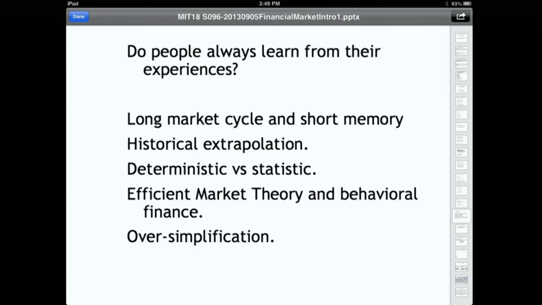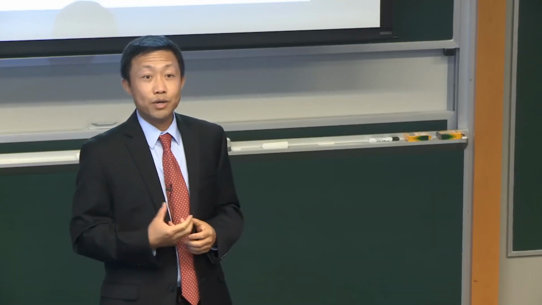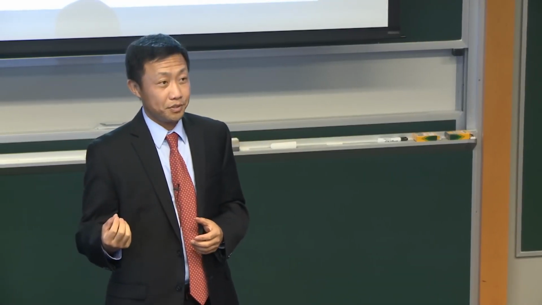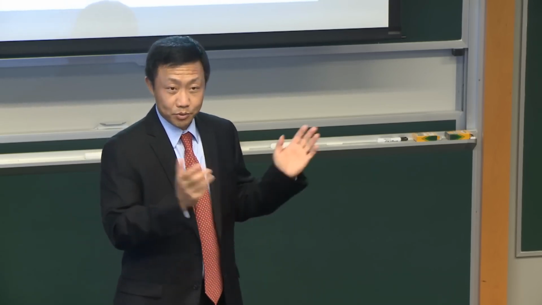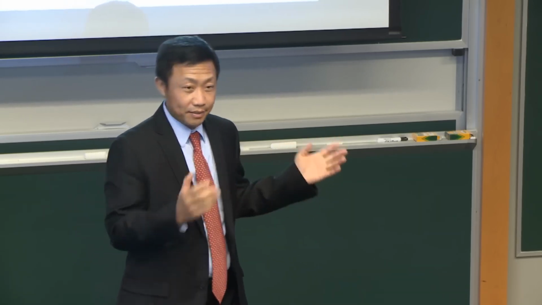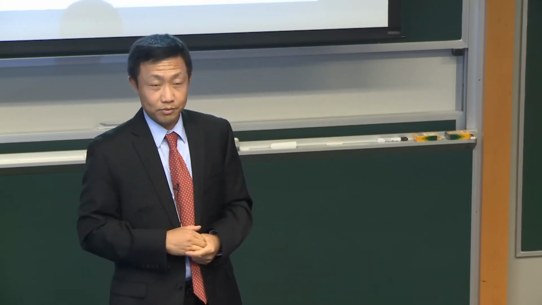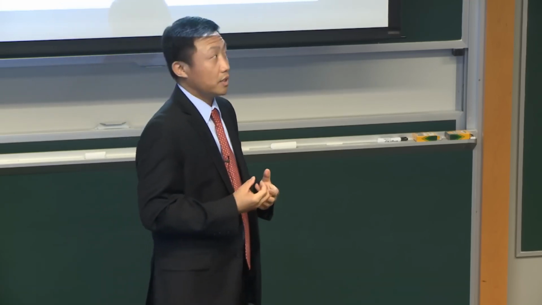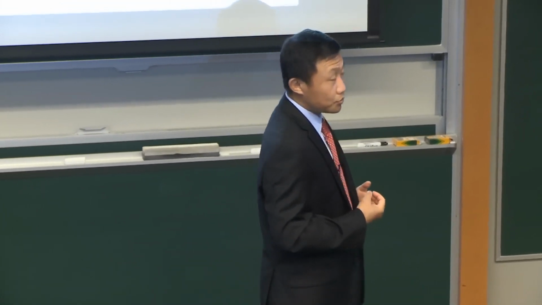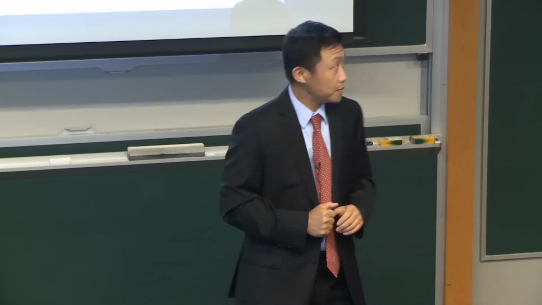The very natural tendency is to extrapolate historical experience. What happened in 2008, people still remember. What happened in the 1970s, maybe some people still remember. What happened 100 years ago? People tend to extrapolate, drawing conclusions from very recent experience.